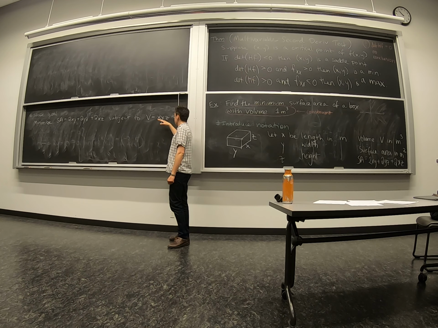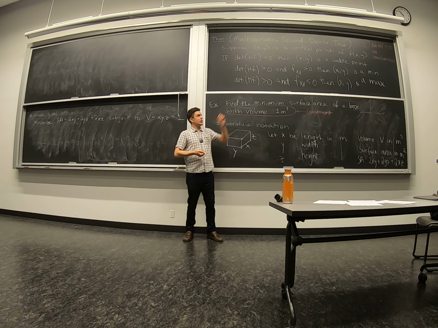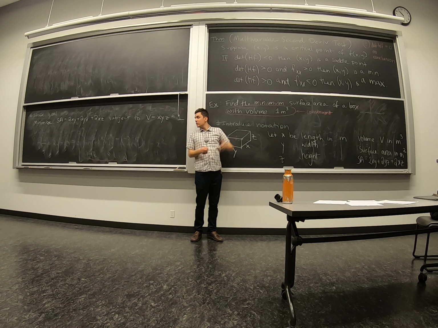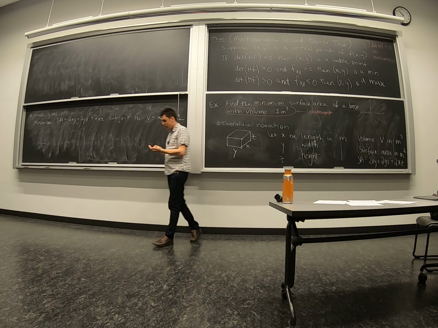So one technique is to notice that we've got a 3-variable problem here, right? But we've got a 2-variable test. So we've got one too many variables here. So what we'll do is we'll reduce the number of variables.